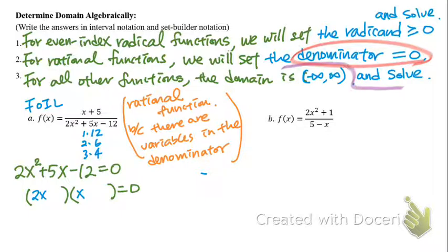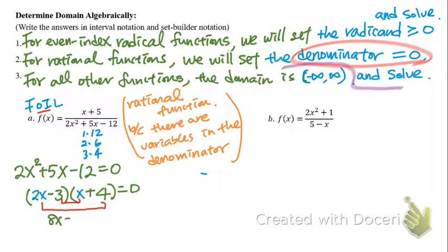After I try a couple of possibilities, I won't try 1 and 12. I'd probably try 2 and 6 or 3 and 4. I think I'm going to try 3 and 4. 3 times 4 is 12. And then the most important thing is right here, the OI. O is the outer, I is the inner. 2 times 4, I meant to put positive 4 right here, that's 8x.